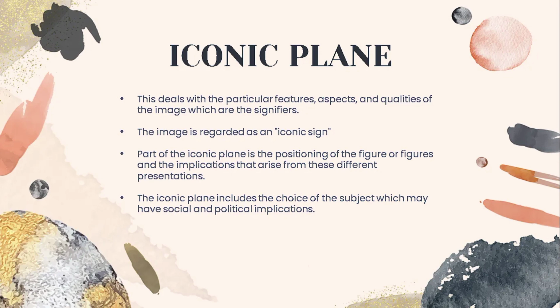Let's say, for example, what is signified is a woman in front who has many bruises and bite marks on her body, and we notice that the image of the woman is very large compared to the other details. That is an example of the iconic plane, because part of the iconic plane is the positioning of the figure.